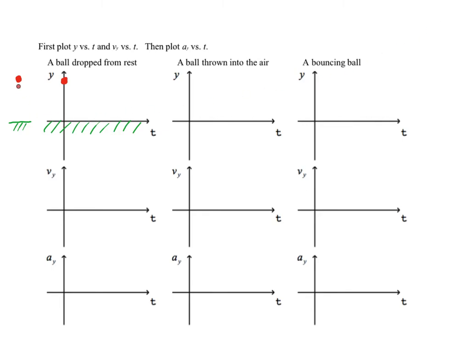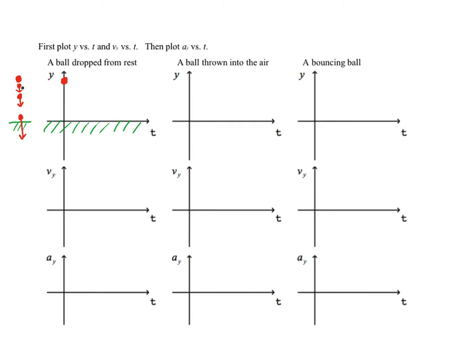So as I showed in a previous video, the motion map for a ball which is being dropped could look something like this. The spacing between the positions has to get larger and larger as time goes on. And we should also give it some velocity arrows. And those arrows should get larger and larger as time goes on.